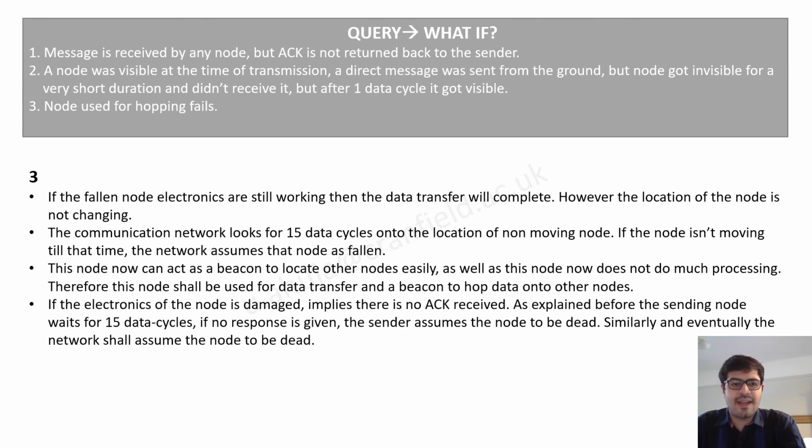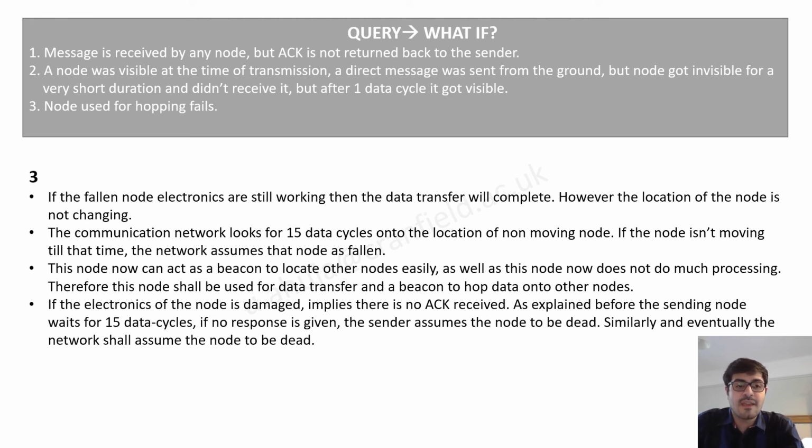This node can now act as a beacon to locate other nodes easily, and it does not do much processing. Therefore, this node can be used for data transfer and as a beacon to hop data onto other nodes, since most of the processing power can be used for data communication rather than the attitude of the drone, or the attitude of that agent.